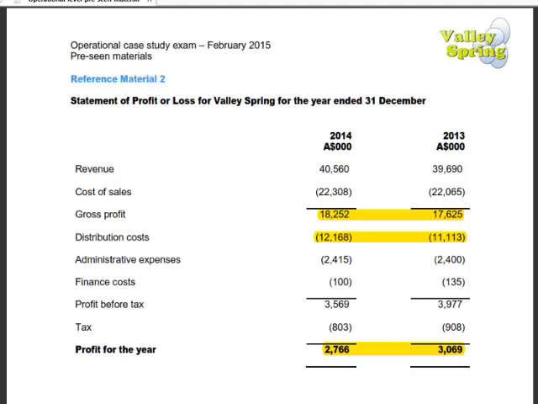What we might do in Film 2 is do a horizontal and vertical analysis, but a quick calculation of the comparison, for example, of gross profit and profit for the year shows there's been a slight increase in gross profit, a slight reduction of profit, and a slight increase in distribution costs.